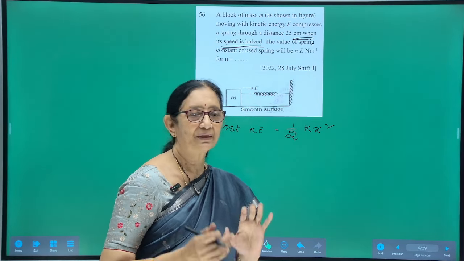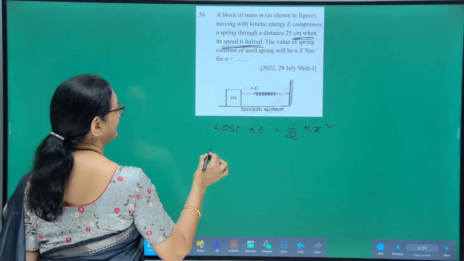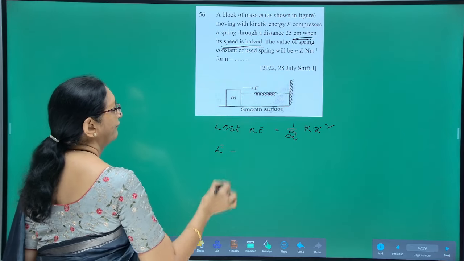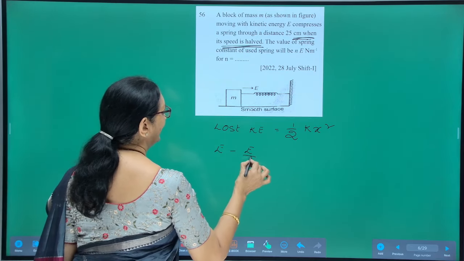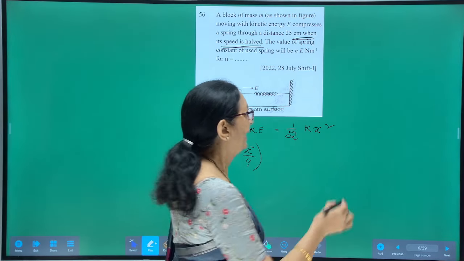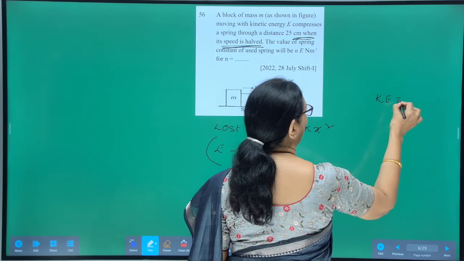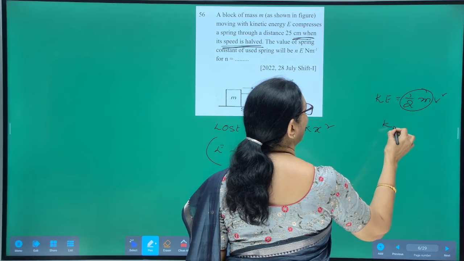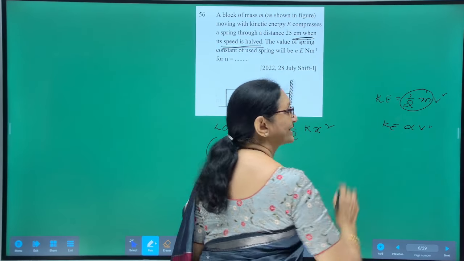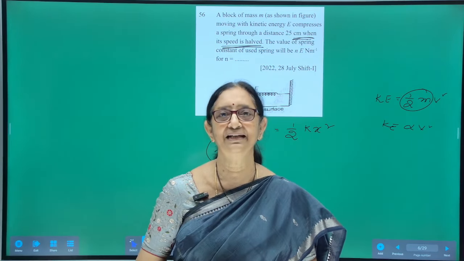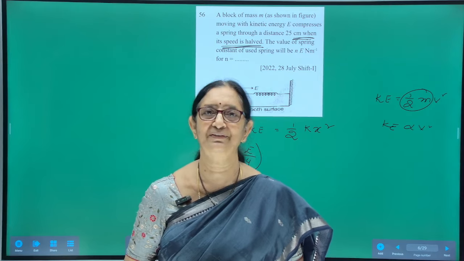Lost kinetic energy is initial kinetic energy minus final kinetic energy. As kinetic energy is half m v square, or kinetic energy is proportional to v square, when velocity becomes half, kinetic energy becomes 1/4 of its value.